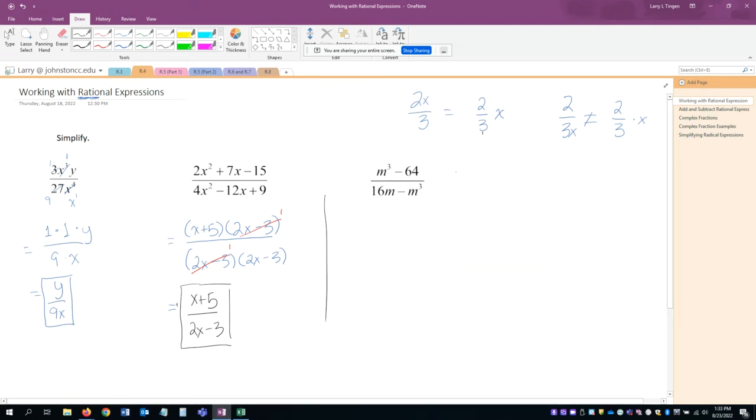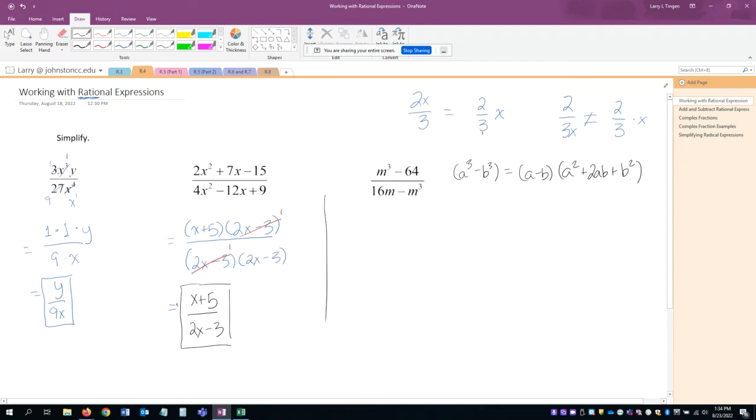So the difference of cubes says if I have two perfect cubes, that this will break down into a minus b times a squared plus ab plus b squared.